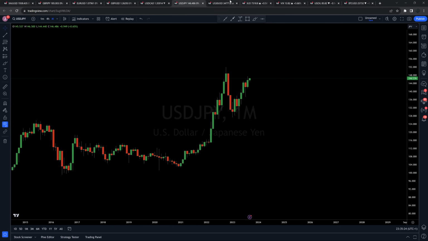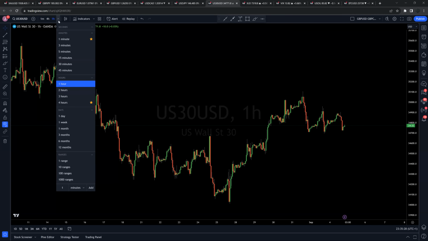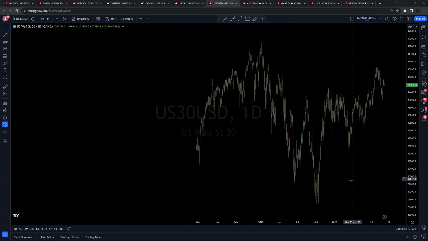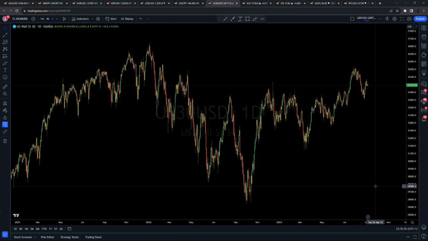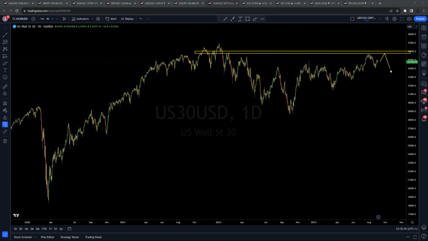Now, what's going to be very interesting is equities. As we're going to have rates up higher for longer, troubles with inflation, Fed's not pivoting even if unemployment rate continues to rise, we might see sweeps of these high areas again into the new year. But overall, if we don't break higher, it does look like global sentiment is going to turn more sour.